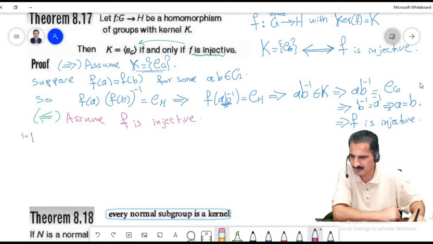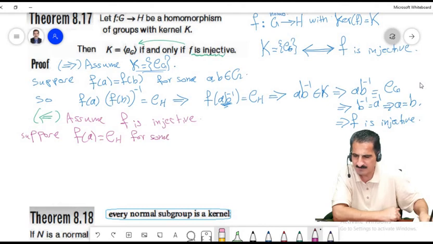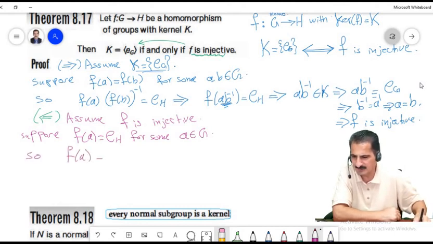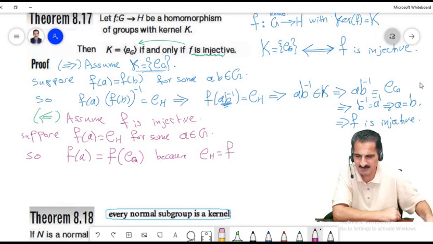So I will say here, suppose f of A equals the identity of H for some A belongs to G. Okay, and what that means now is f of A is the same as f of e of G. Why is that? Because e of H is the image of e of G, right?